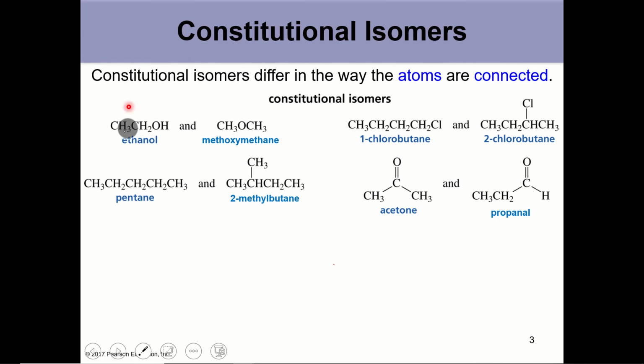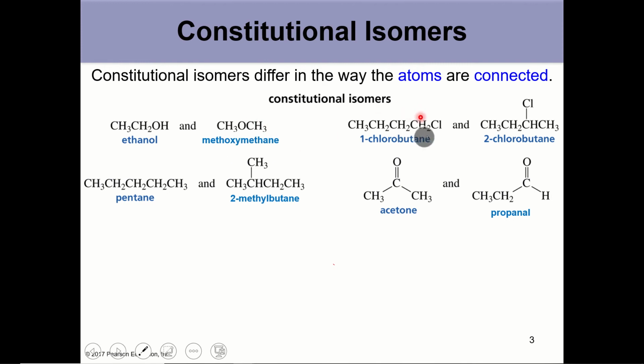So we have an alcohol where we have carbon bonded to oxygen, bonded to hydrogen, and then we have methoxymethane that is a carbon bonded to oxygen, which is then bonded to carbon. They both have the formula C2H6O1, but they have a physically different connection between the atoms. And so that is a constitutional isomer.